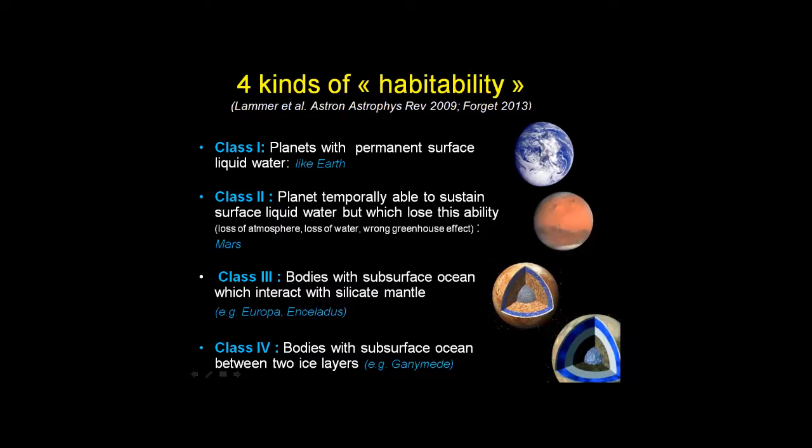You have the ice layer isolating liquid water from space, and as I told you, at high pressure, liquid water tends to solidify and form high pressure ice, so you have to imagine an ocean sandwiched below 2 levels of ice, and that's probably not very good in terms of nutriments and chemical energy.